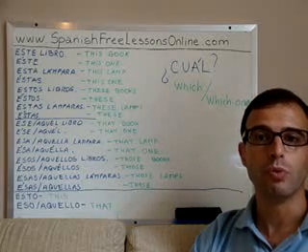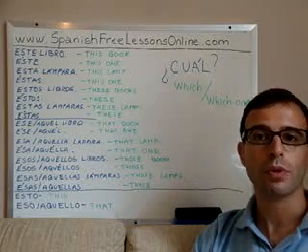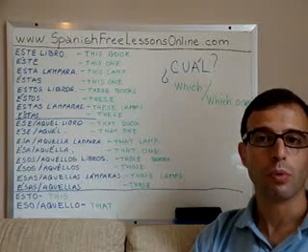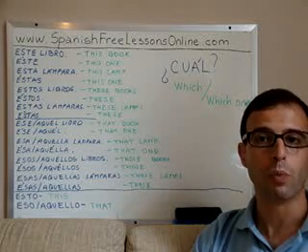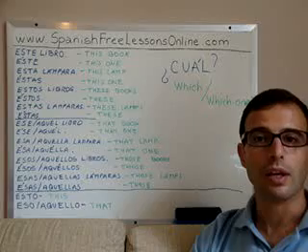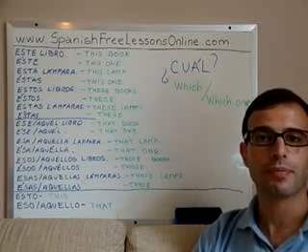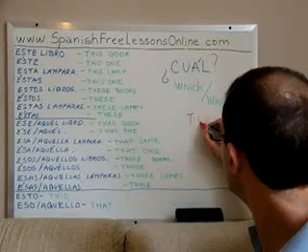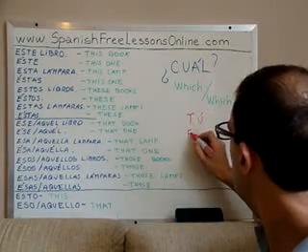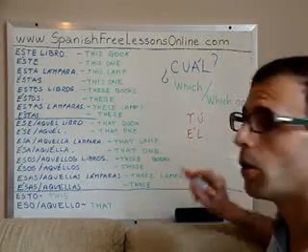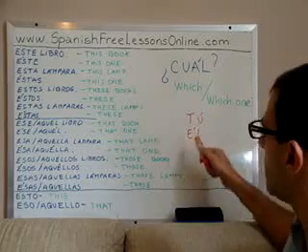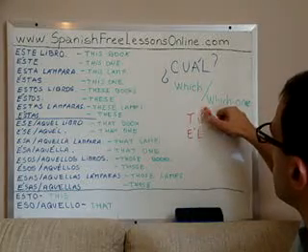When you refer to the person, tú or él, both monosyllabic words have a tilde, right? I'll show you. Tú means you. Él means he. When they refer to the person, you or he, they always have a tilde.